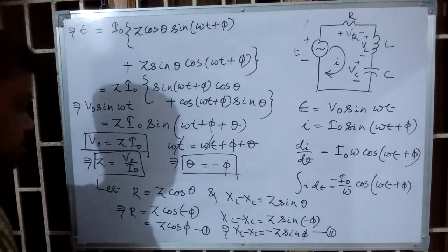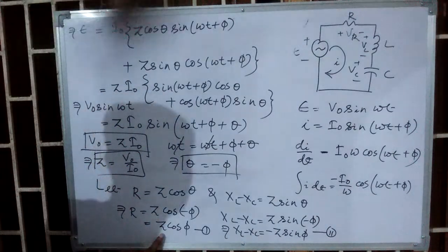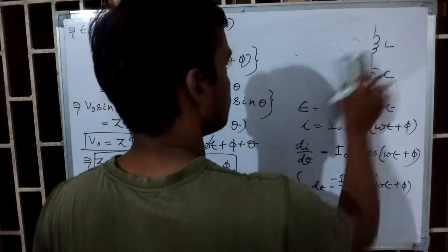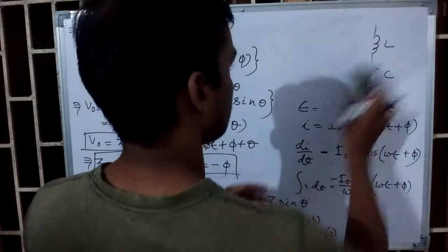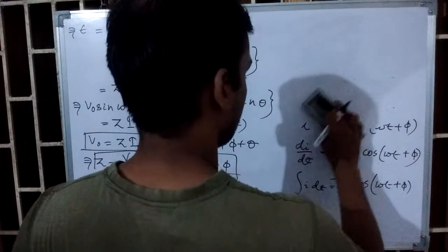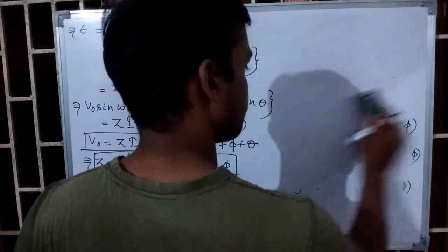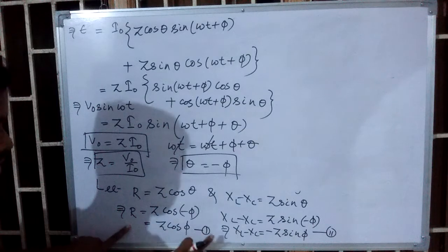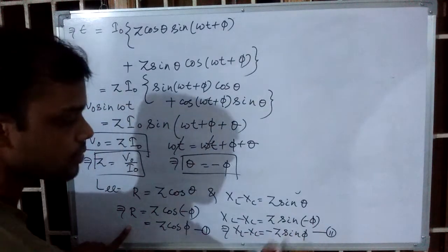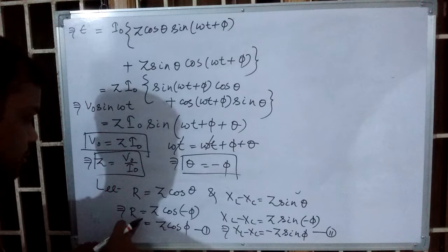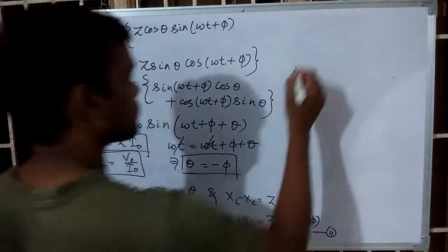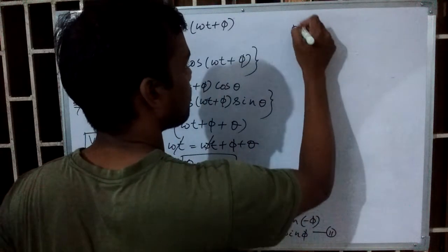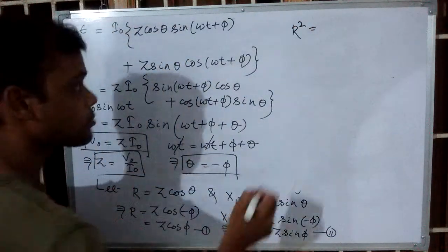From both these equations we can find out the value of Z as well as the value of phi. So how to find it out? Look, R is equal to Z cos phi. XL minus XC is equal to minus Z sin phi. Let us square both the sides. Here R square is equal to Z square cos square phi.